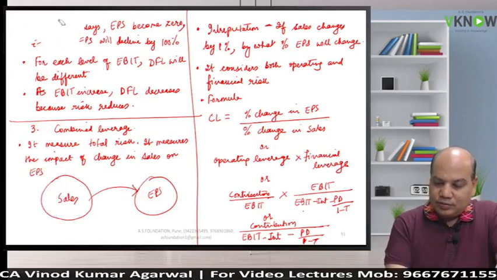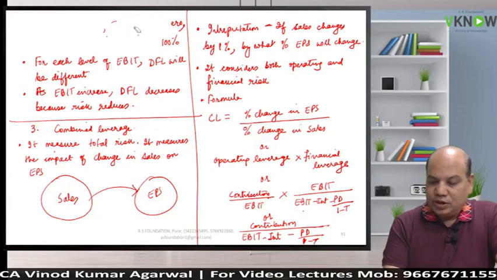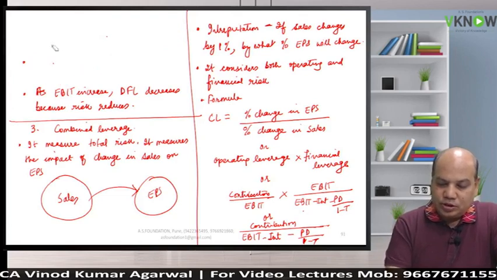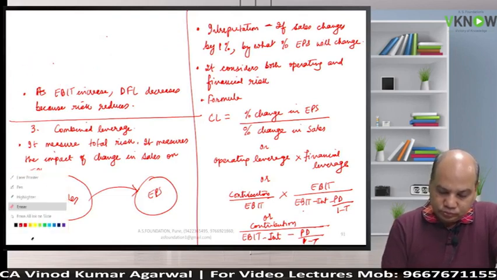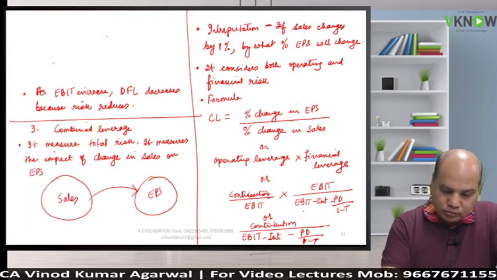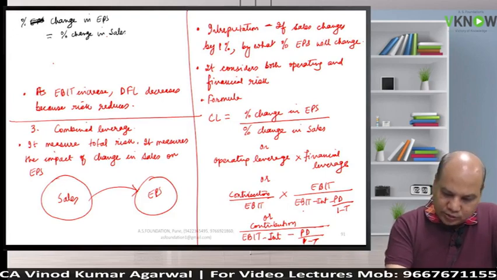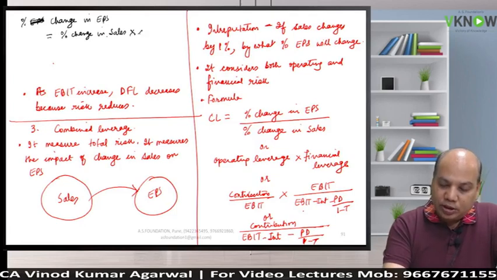Write down percentage change in EPS equal to percentage change in sales multiplied by combined leverage; this they ask many times.